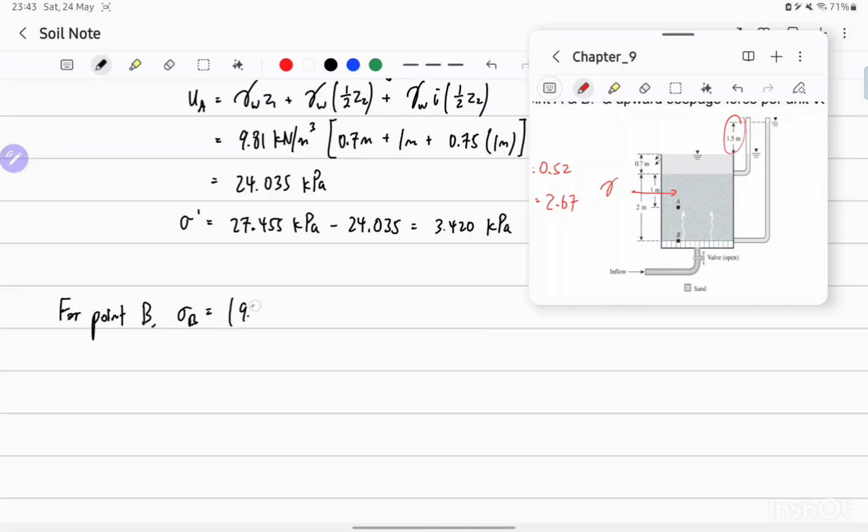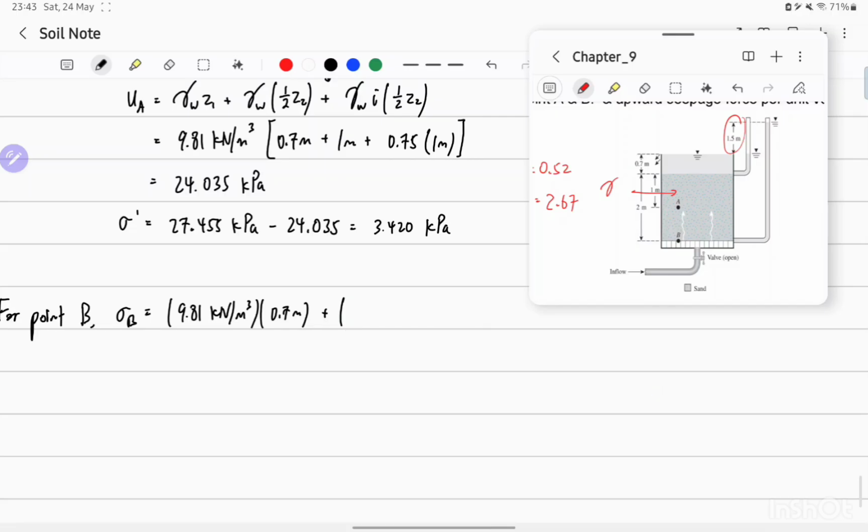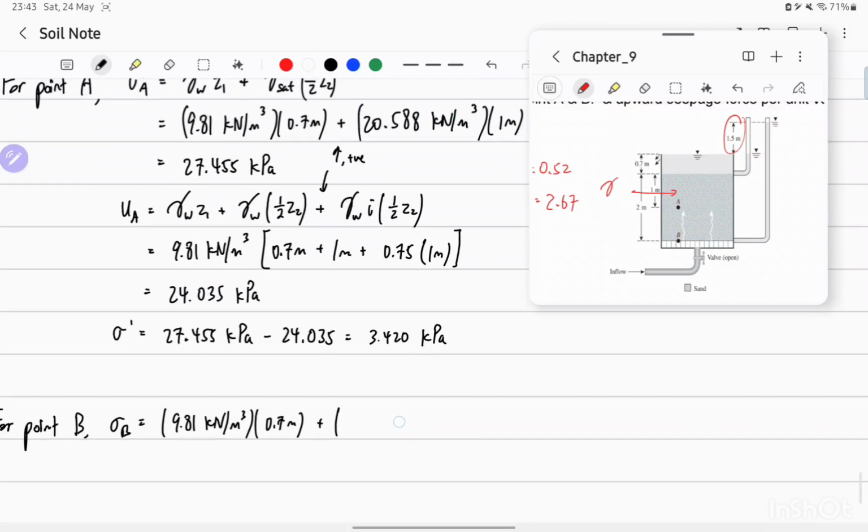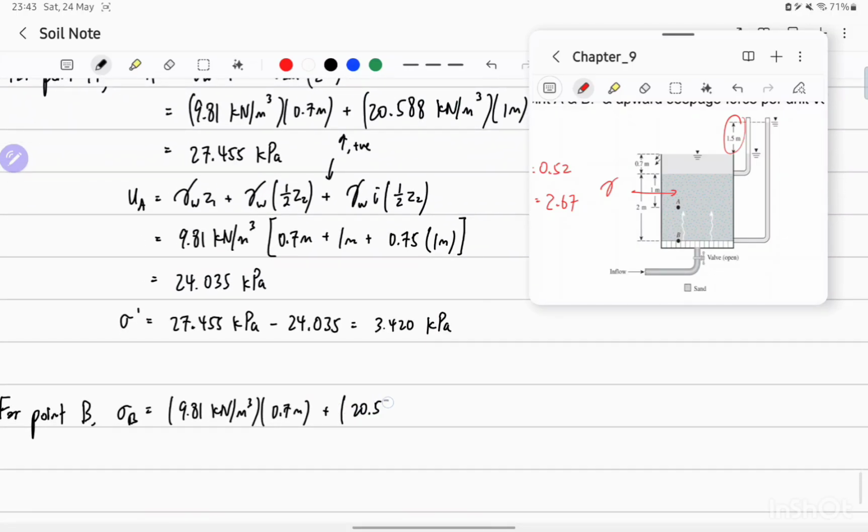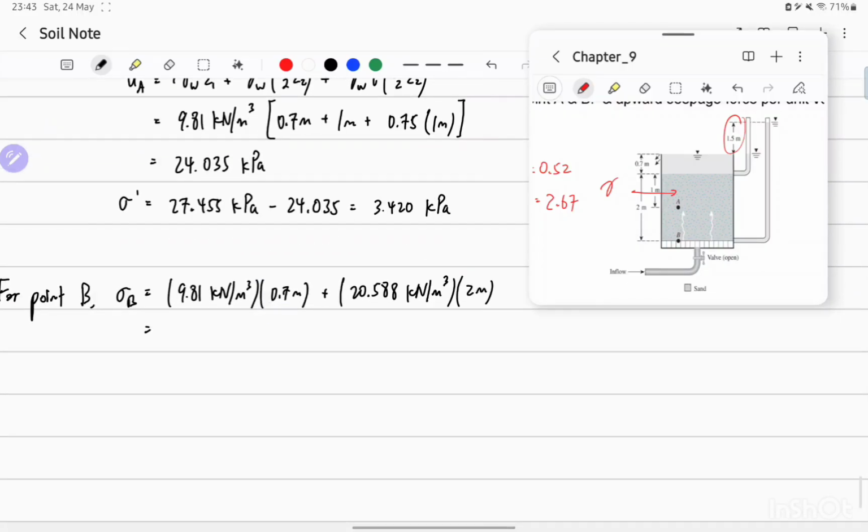So unit weight of water times its depth plus the whole soil sample, 20.588 times 2 meters, which gives .043 kilopascal.